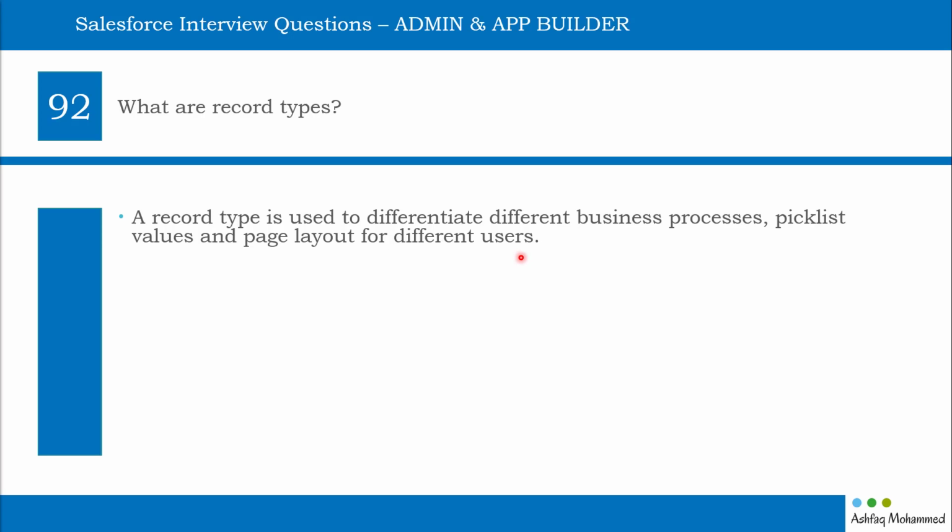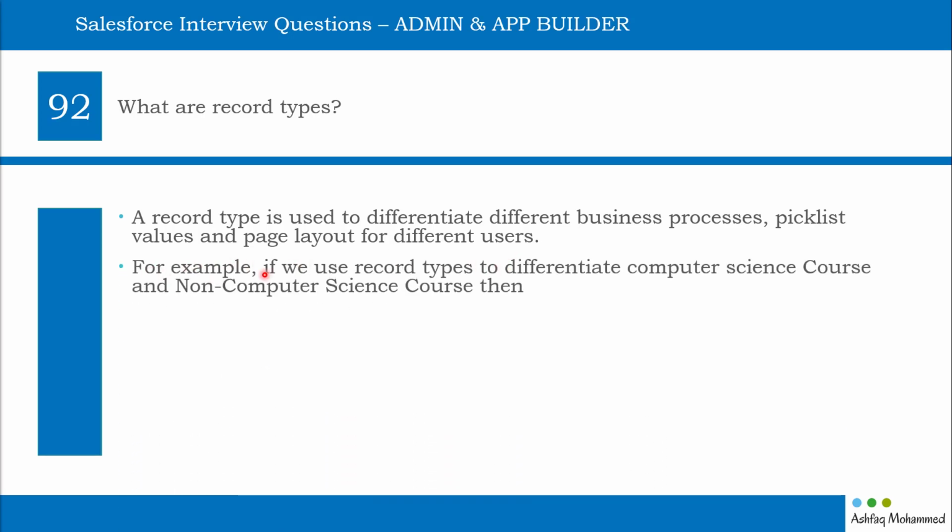There are a few specific things you have to mention when you're talking about record types. For example, if we use record types to differentiate computer science courses and non-computer science courses, then I can use record type equals computer science. I'm creating a student who should be of computer science, and will have fields specific to computer science.